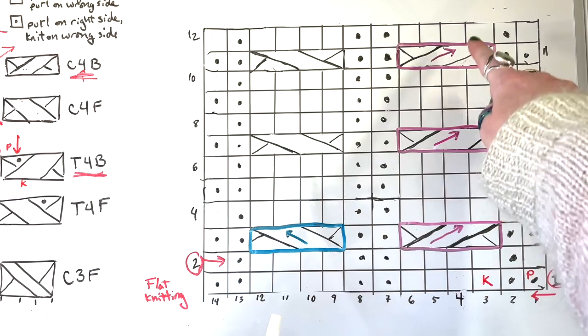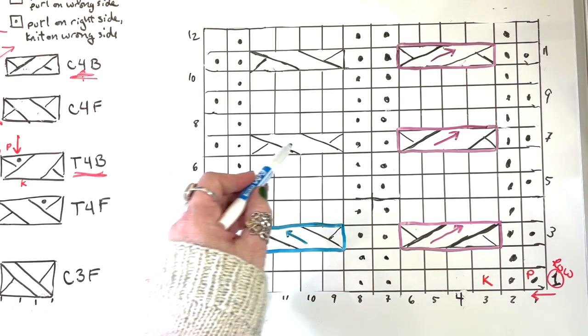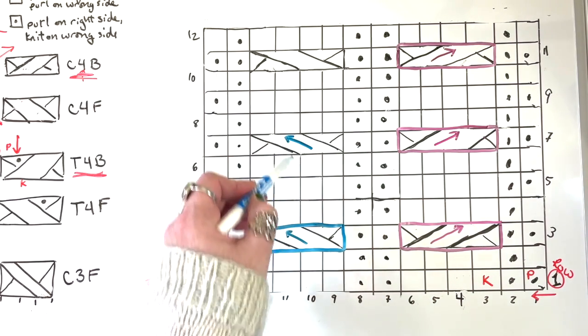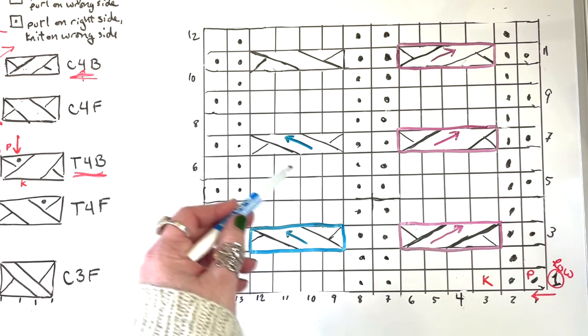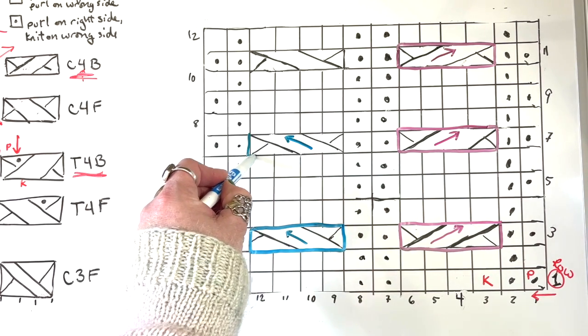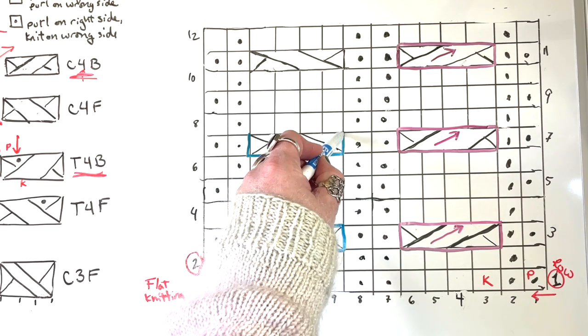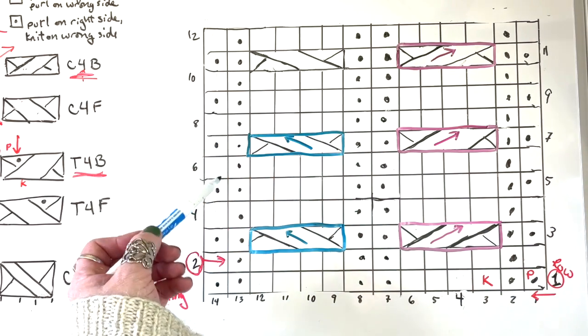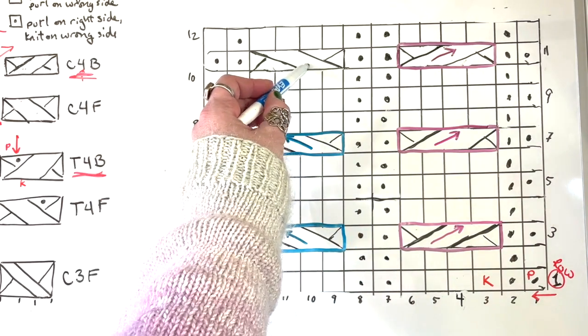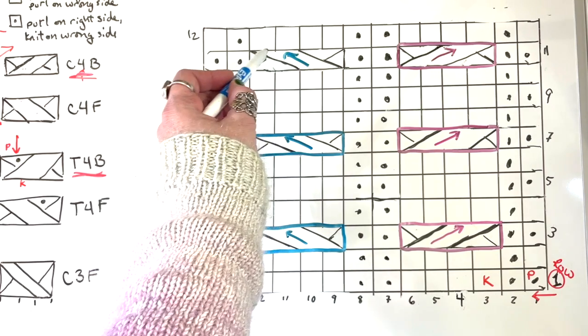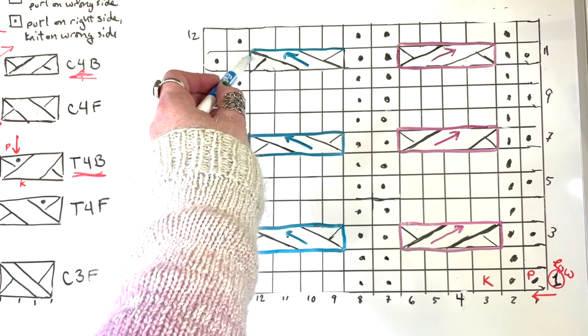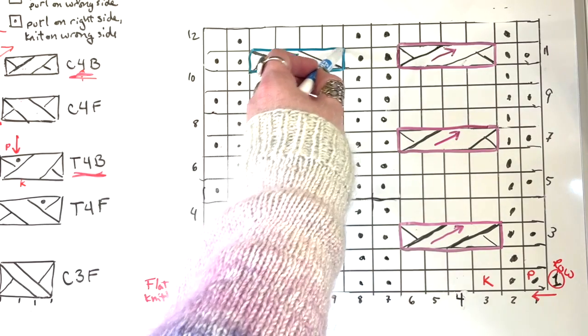So these are all the same symbol, and over here I have a piece where the big chunk of it leans up to the left. So I'm going to box it in blue, and here's another one that leans up to the left. So I'm also going to box this out in blue.